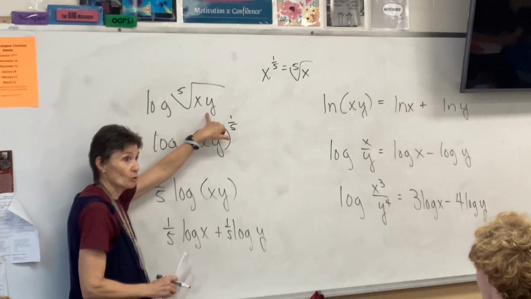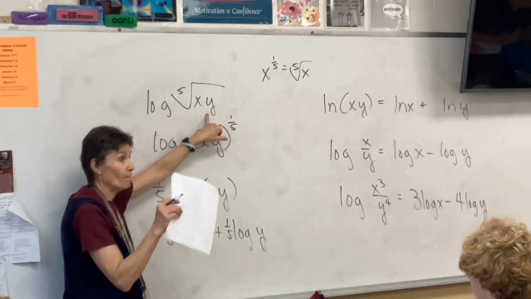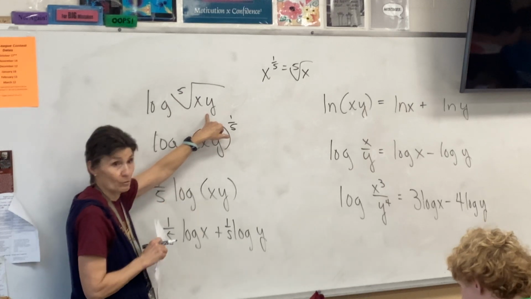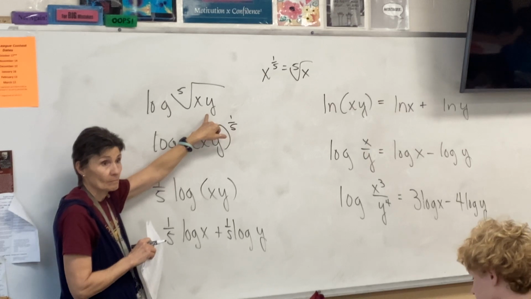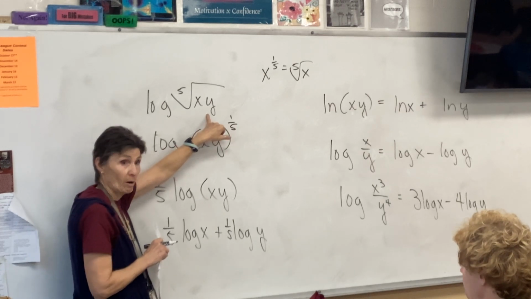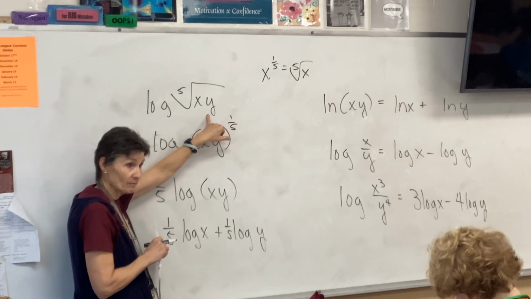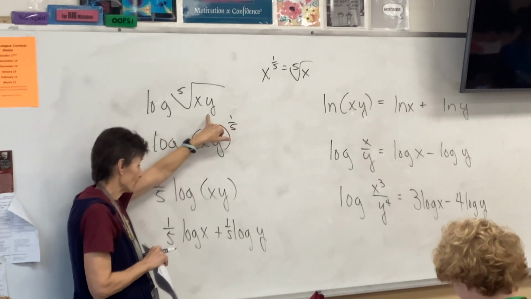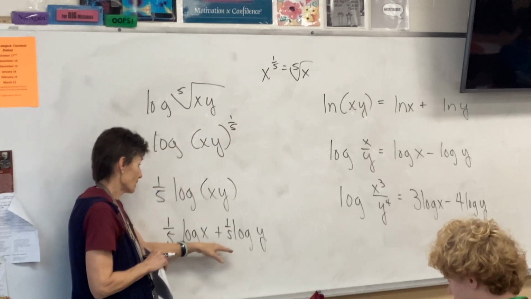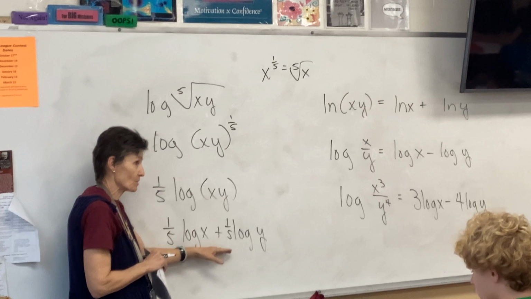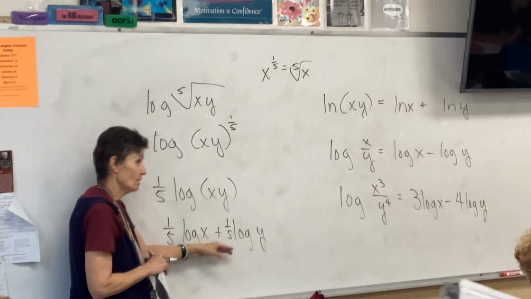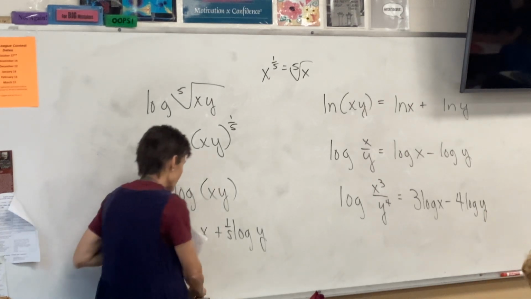Because in the original problem, weren't both the x and the y under the radical? That means they're both part of the 1/5. Same answer? Like you would accept both of those? No, this is the right answer. I'm supposed to be expanding it.